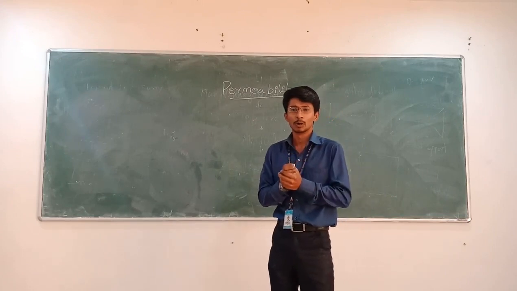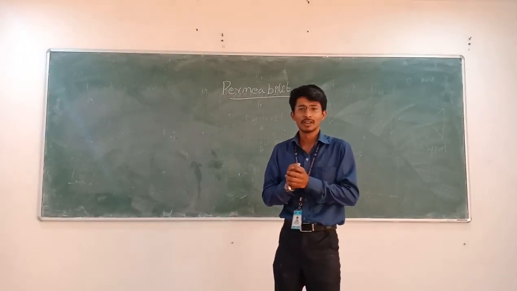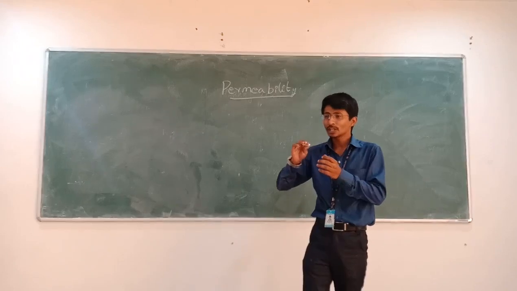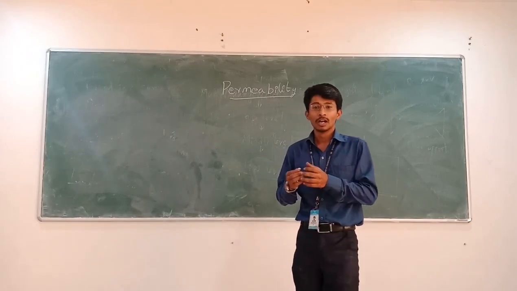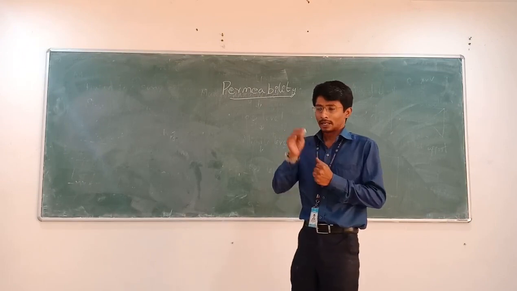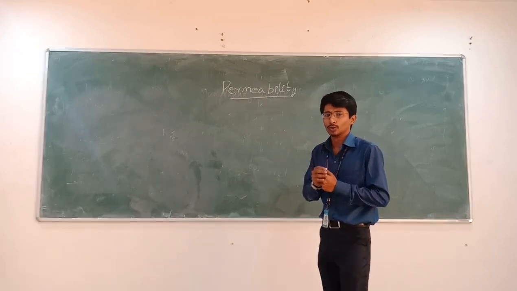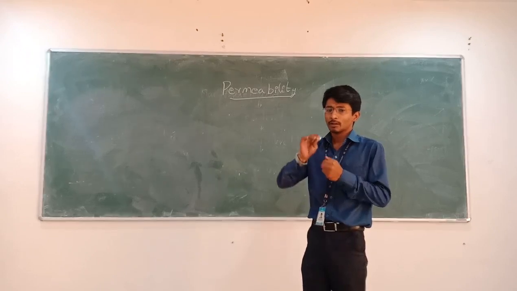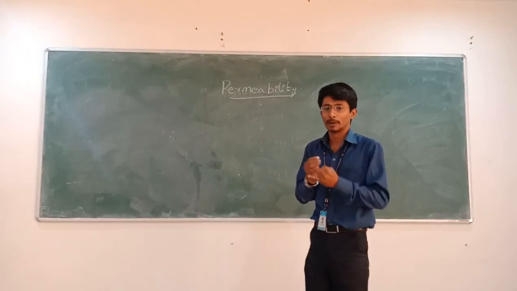Permeability is the property of a soil medium which allows the passage of water into it, or a seepage of water. This is the permeability. Okay. Then, if the water is flowing through a soil medium, the flow of water determines the permeability.